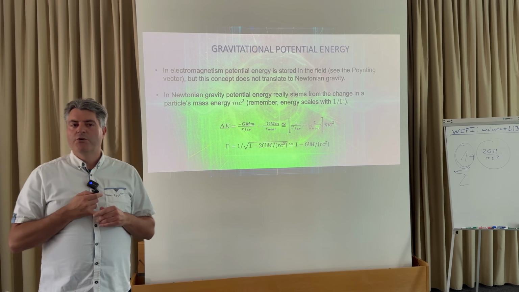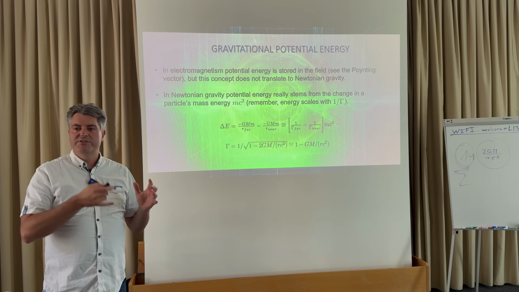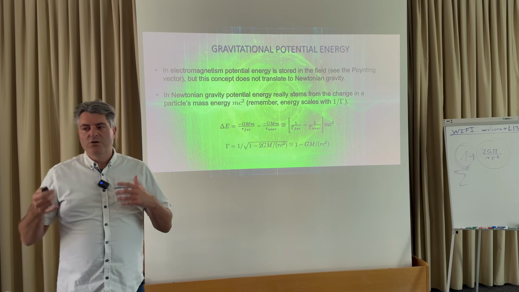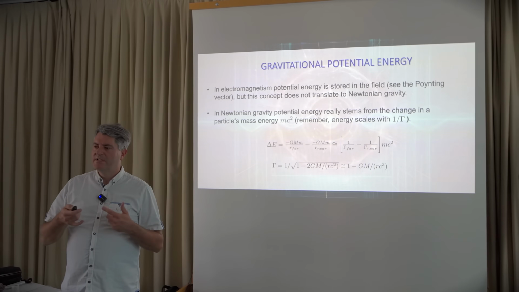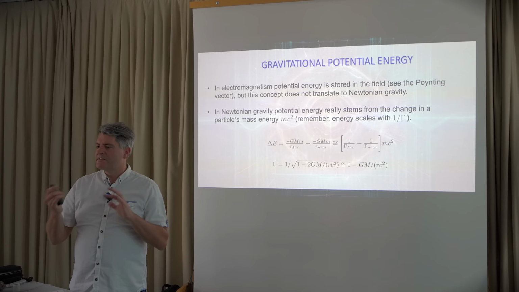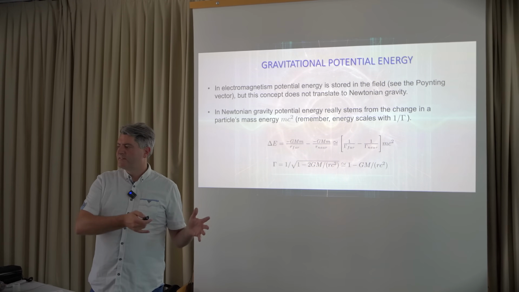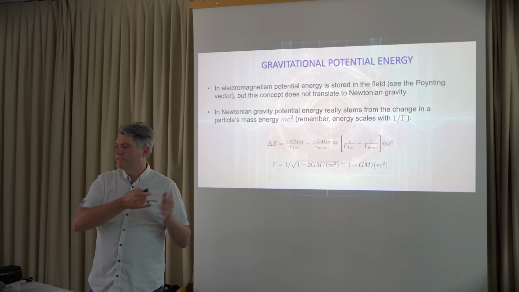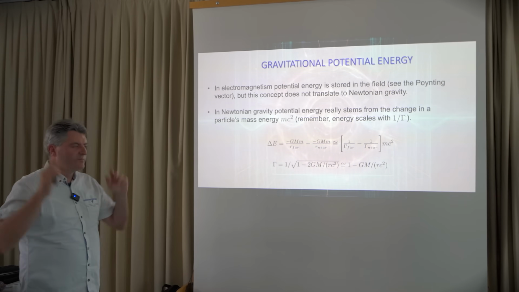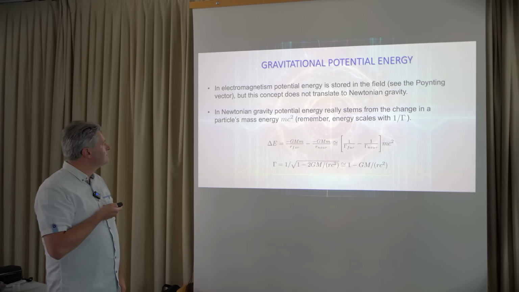So this is probably the real cause of gravitational potential energy: how the mass energy is changing inside a gravitational field. But as I already said, a local observer cannot measure these things, because for him things all change in a way that this is concealed from him. And this is why physics accounts for that as the gravitational potential energy, because it's a kind of invisible change for a local observer.